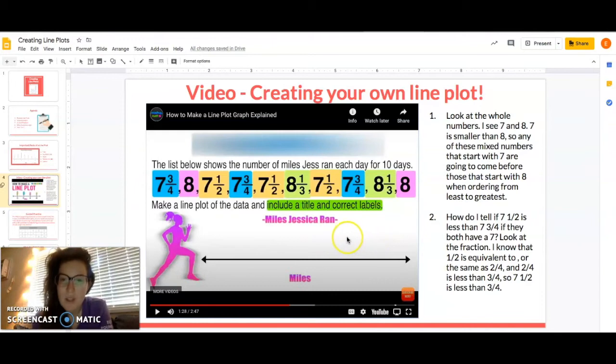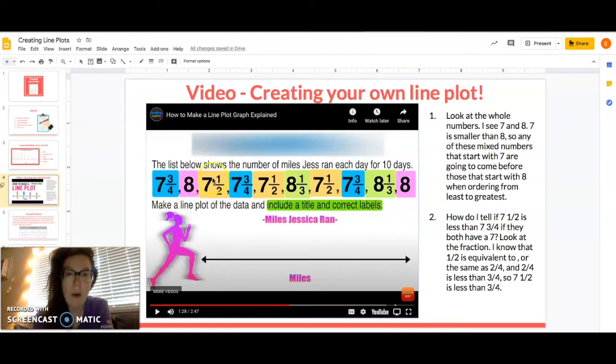All right, so how can I tell when I have 2 different mixed numbers that start with 7, which one is greater than another? Like, how do I tell if 7 1/2 is less than 7 3/4? Well, I have to look at the fraction.